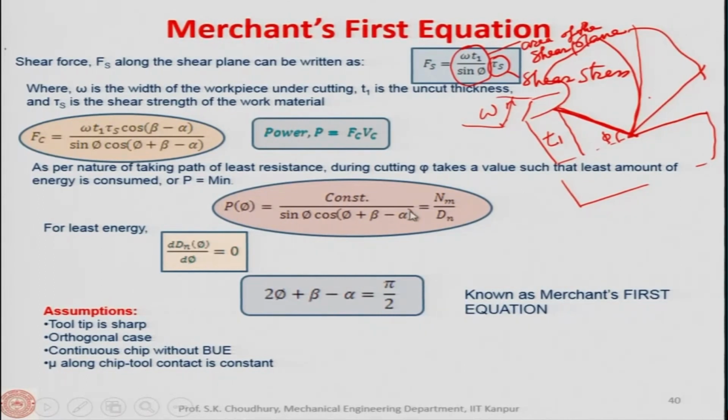You understand that if the power, which is a function of shear plane angle, has to be minimum, the denominator has to be maximum. So, therefore, the first derivative of this should be equal to 0, and if you take that, it will give you 2 phi plus beta, this is the friction angle, minus rake angle is equal to pi by 2, and this equation is known as the Merchant's first equation.